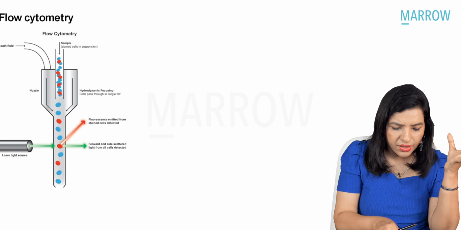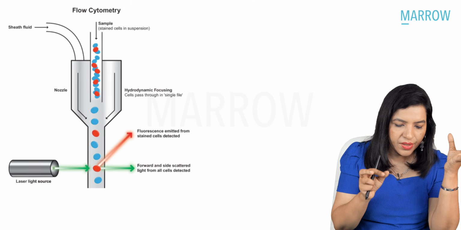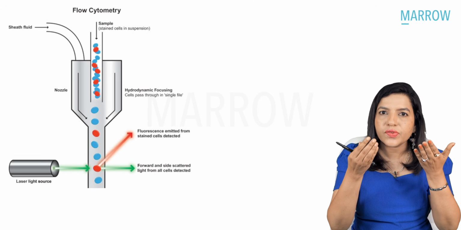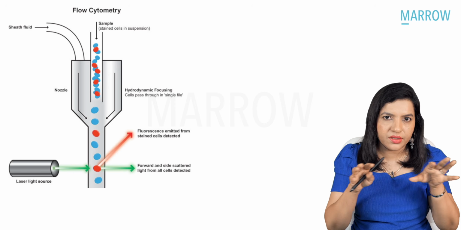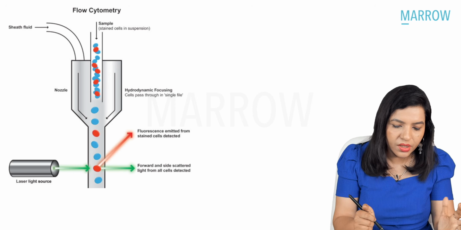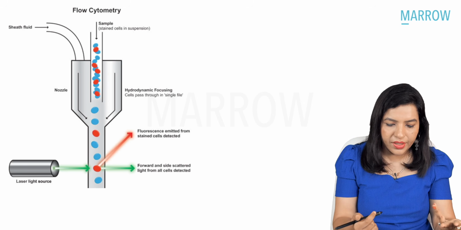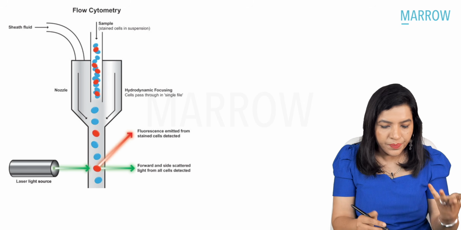We cannot study that using flow cytometry. To explain what flow cytometry is: first we have a sample containing cells, for example a blood sample or any cell sample.